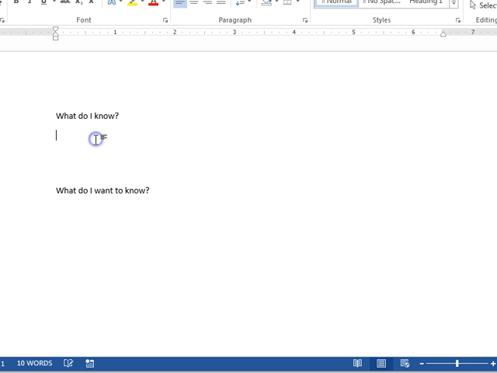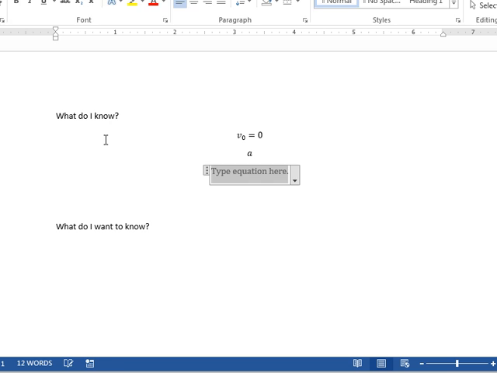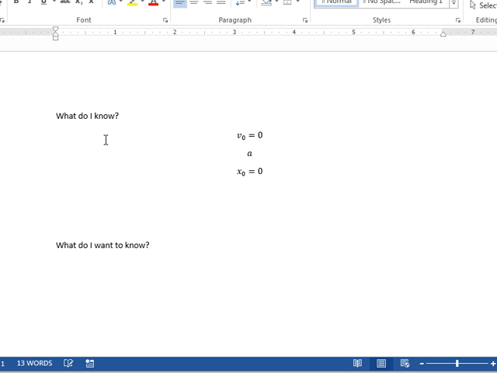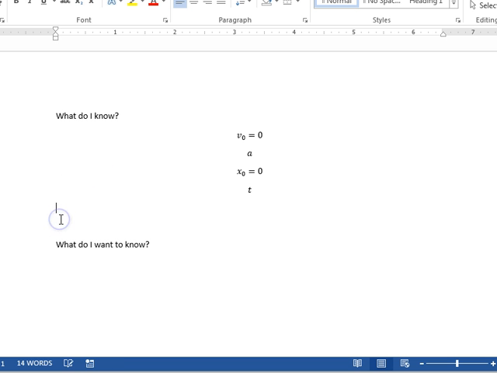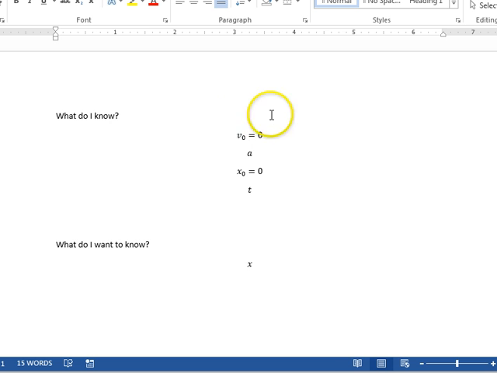Well, in this one, you know your initial velocity, which is 0. You know your acceleration. You know it's implied your initial position, which is 0. And you know time. What do you want to know? What you want to know is distance. You know all of these. You want to know that.